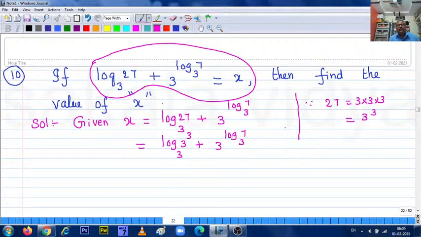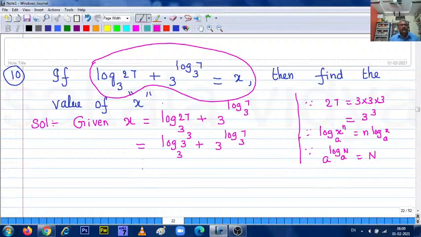So we need to apply two formulae. What are the formulae? Log x to the power of n to the base a is equal to n times log x to the base a. This is the first formula. Next, a to the power of log n to the base a is n.